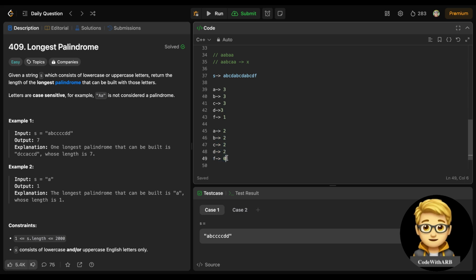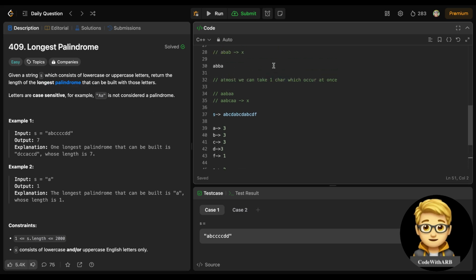How many characters can we take? 2, 4, 6, 8. So 8 characters I choose for the length of the longest palindrome, right? But if you see, we can also take one character which occurs once, like this, AABAA.